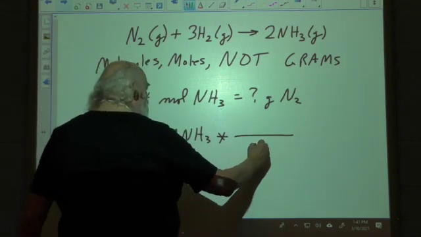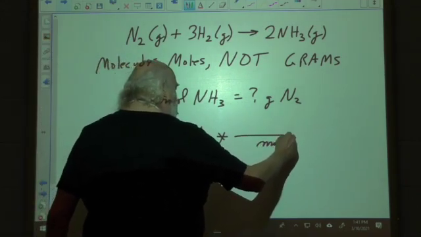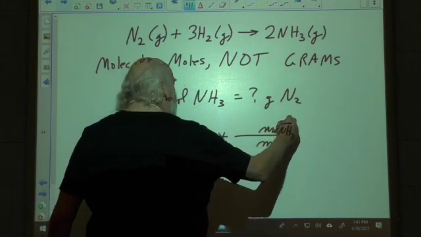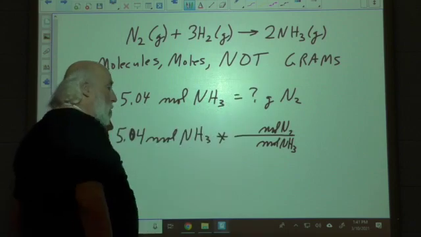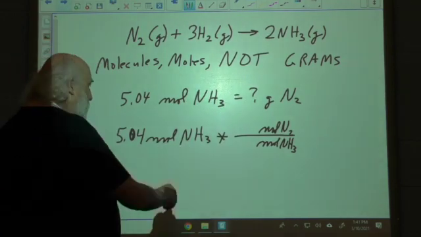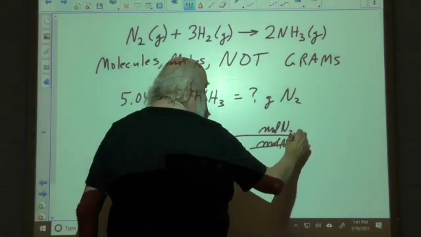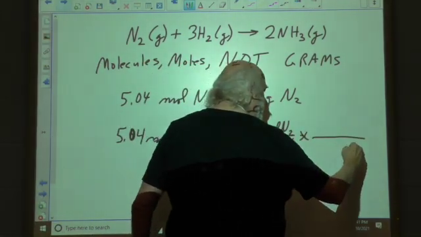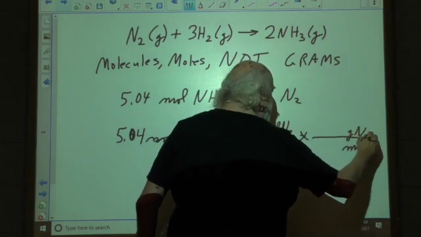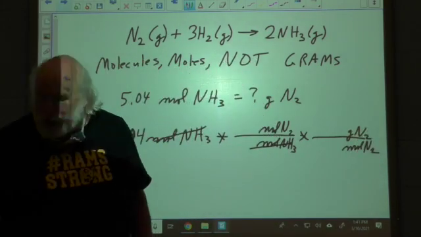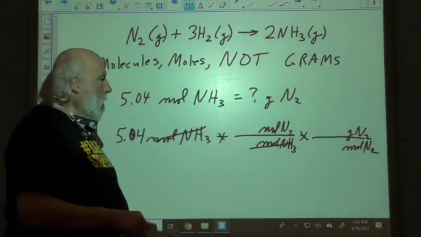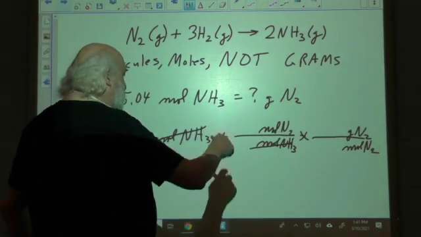So I'm going to put moles of NH3 on the bottom, and put moles of N2 on top, which I can do by using the equation up there. I want to take care of the labels first. We know that moles of ammonia will cancel out. And then we're going to change moles of nitrogen to grams of nitrogen using our periodic chart.